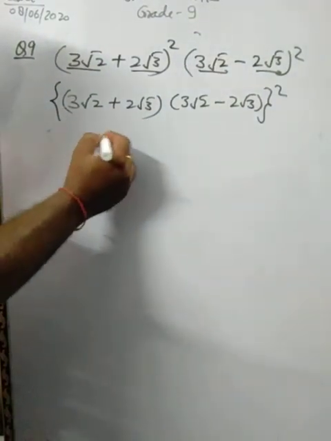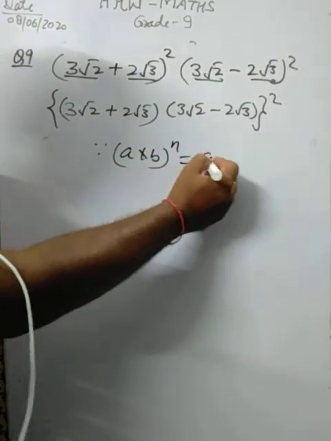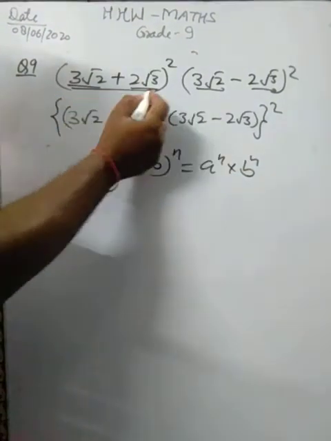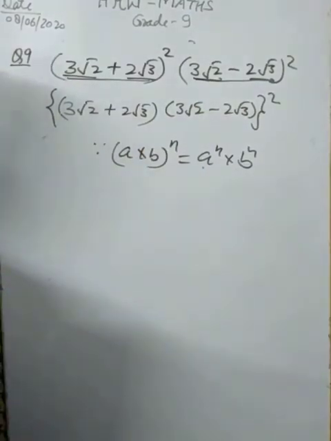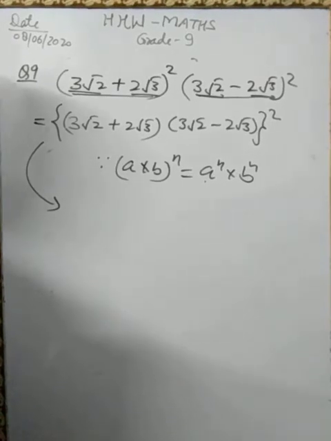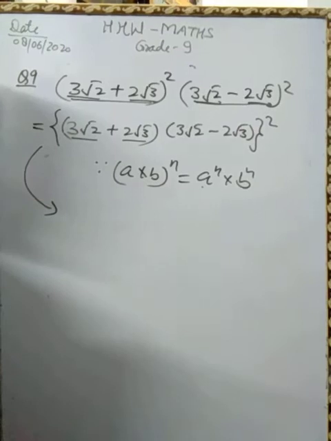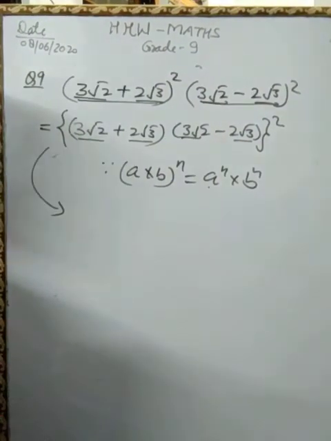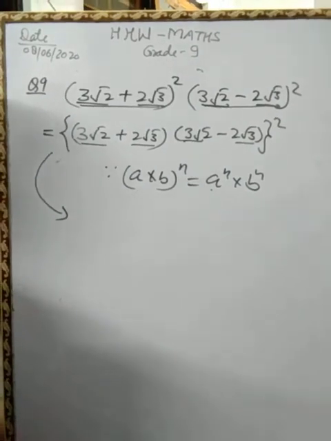Since (A into B) to the power n equals A to the power n into B to the power n. This entire was taken as A and this entire was taken as B. Now we can write this as first term plus second term in the first bracket, first term minus second term in the second bracket, and this is the formula known as the difference formula.